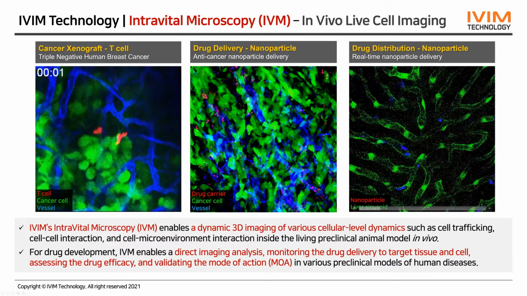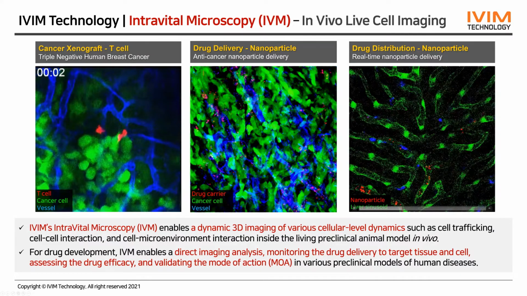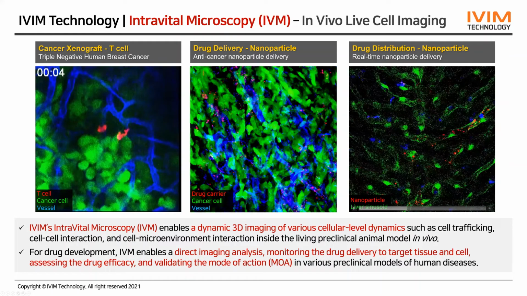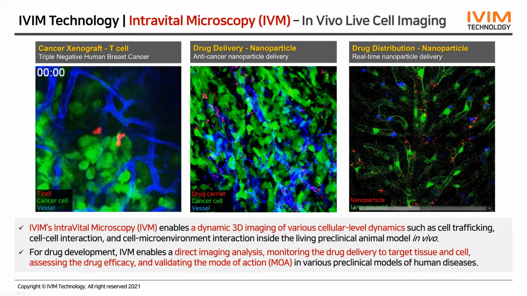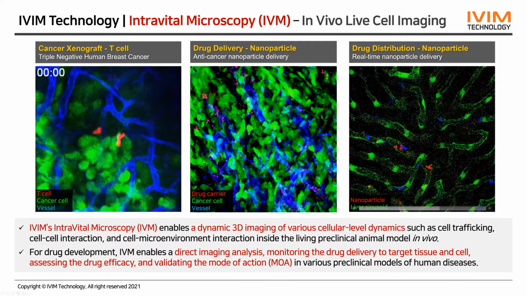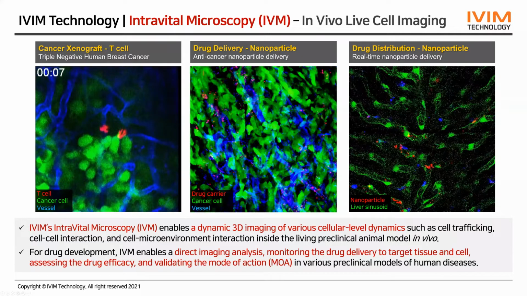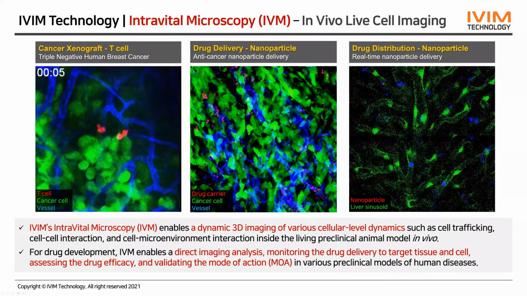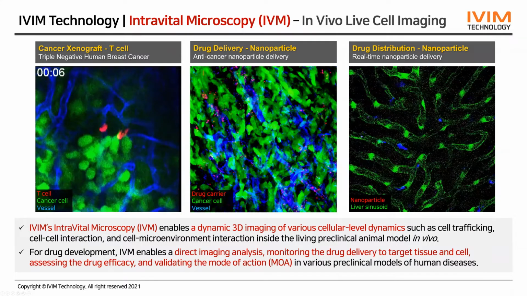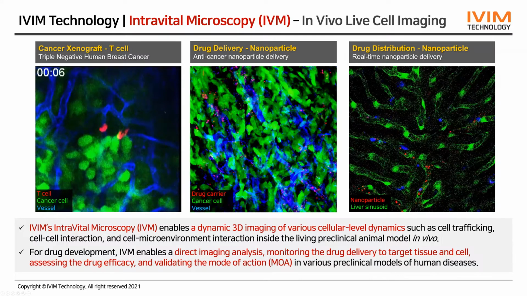And then you can see the arrival of this nanoparticle through the blood circulation and accumulation in the liver in real time. In the middle, this red dot is a drug carrier, again intravenously injected, which is delivered through this blue vessel to this green cancer cell in the cancer genomic model.